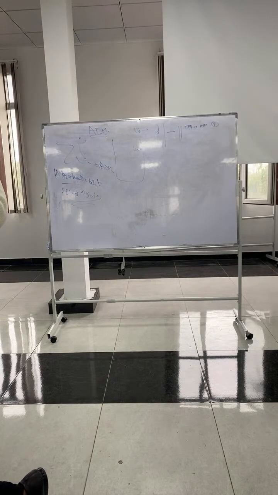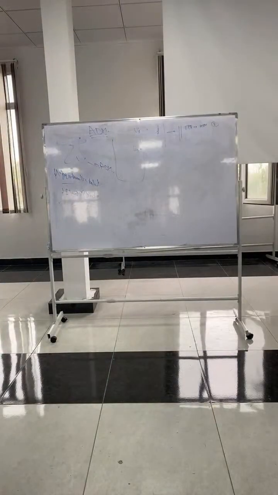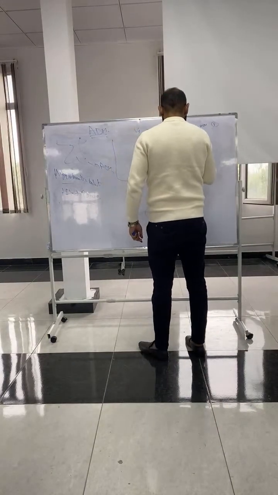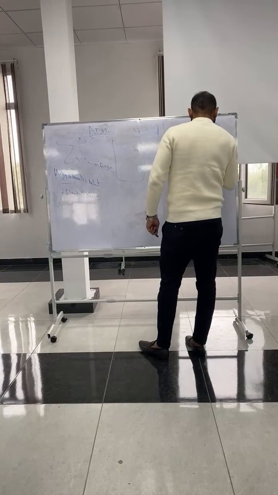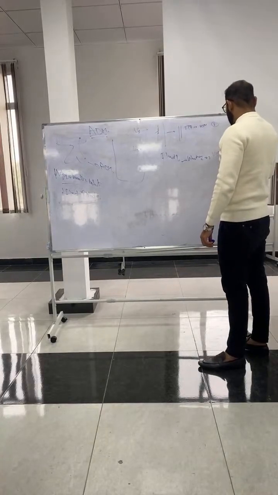Blood volume will rise. And any solution in which the blood volume or the fluid is high and solute is low is known as a hyposmolar solution. Understand or no? Yes, sir. Any solution in which fluid is high and solutes are low is known as a hyposmolar solution.